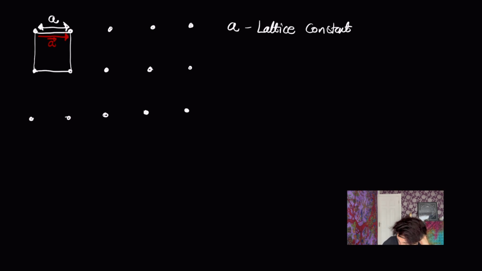Being a vector, it not only has the magnitude, which in this case would be the actual physical length, but it also has the direction as well. If we draw ourselves a set of axes, calling this the x-axis and this the y-axis, this A vector is parallel to the x-axis. So it would have an x component and no y component.